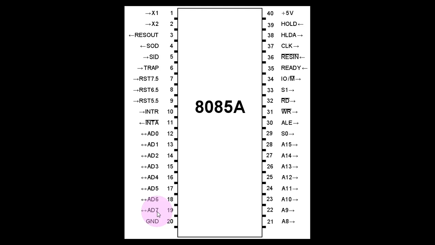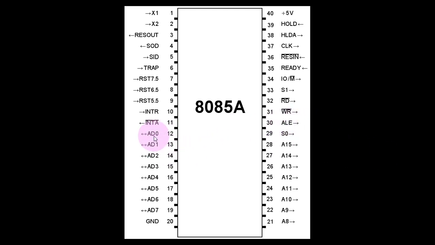But now you may ask a question: you might require the same address somewhere else, the address that you began with. For that purpose, this address latch enable is externally interfaced with a latch register, which will latch that complete address.